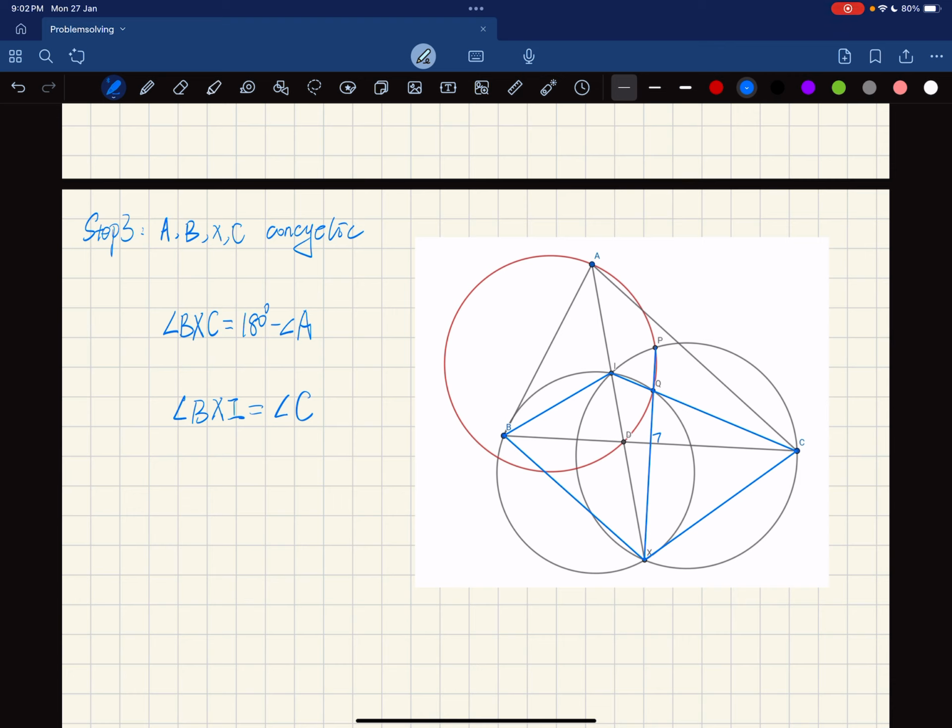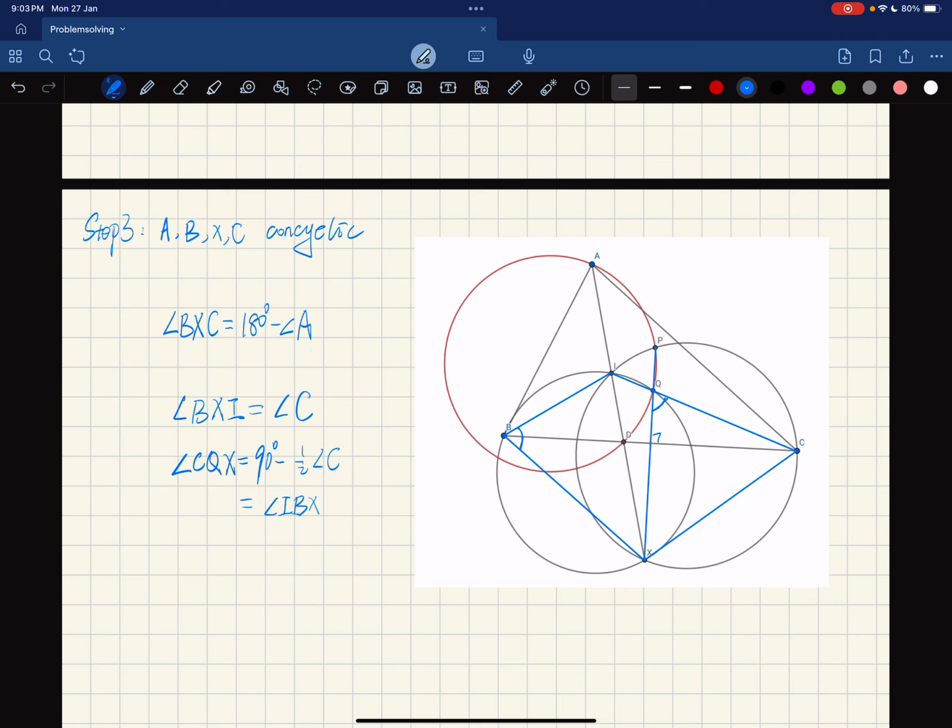If you really want to find the answer, you can discover it by this, because here this angle equals to this one. What is this angle? Angle CQX equals 180 degrees minus half of angle C, right? And it equals angle IBX because IBXQ are concyclic.